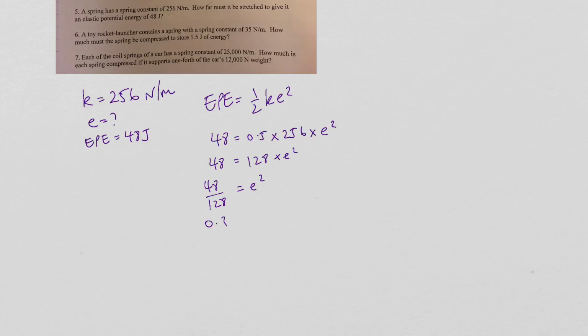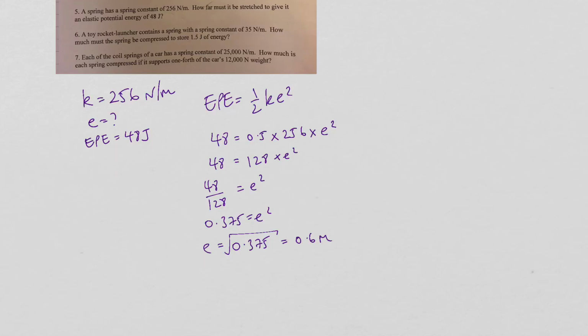So 0.375 equals e squared. So to get e by itself, you have to square root it. So e equals 0.375 square rooted, which gives an extension of 0.6 meters.